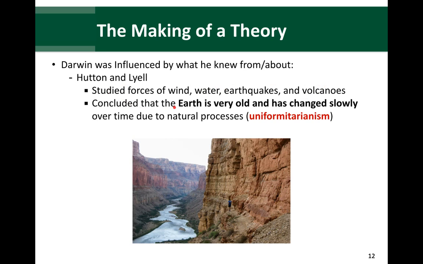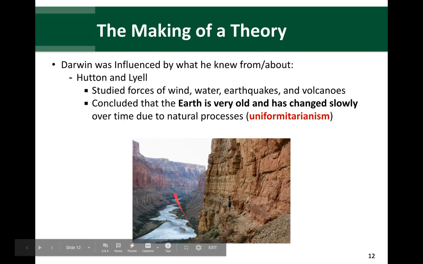They had come to the conclusion that Earth is very old and has changed slowly over time due to natural processes, such as plate tectonics, volcanic activity, erosion, and those activities that had occurred slowly over time in the past are still occurring slowly now.